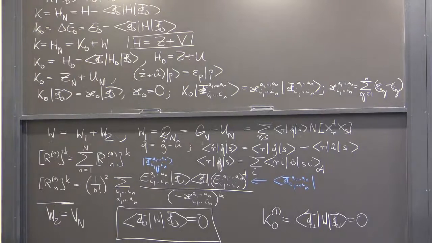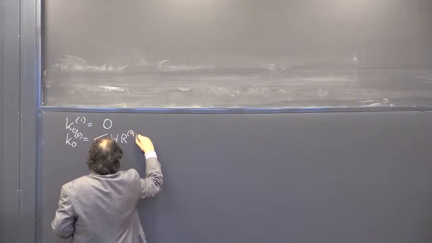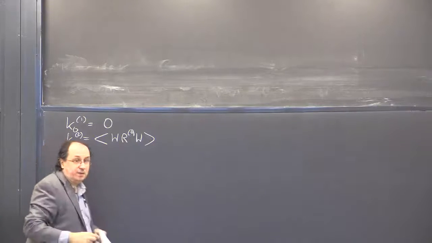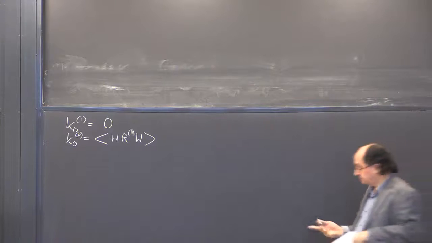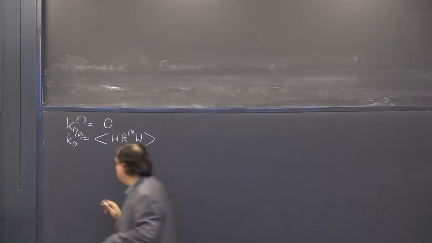So when I start writing the expressions, we're learning something very useful, that the first order correction to the correlation energy is simply 0. For the second order correction, there are no renormalization terms there, so all you need to write is W R0 W. I am assuming that you remember that this symbol here, this bracket, means bracket in phi 0, our unperturbed state. Do I need to explain, or can we assume that we are all now aware of this?